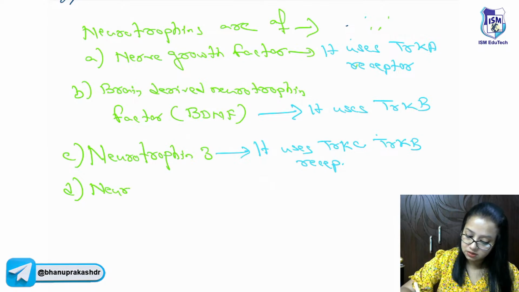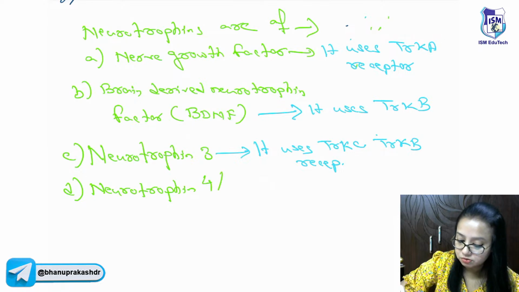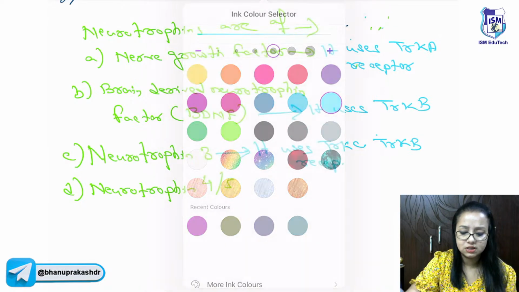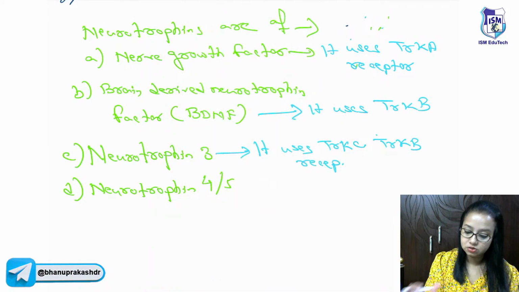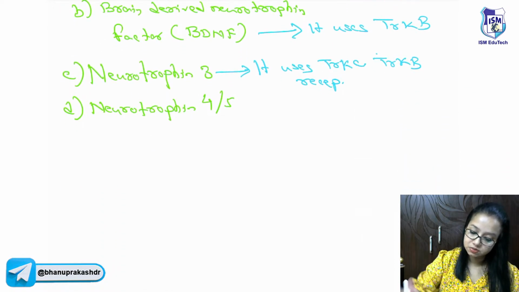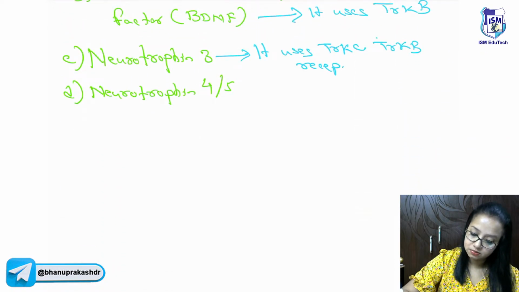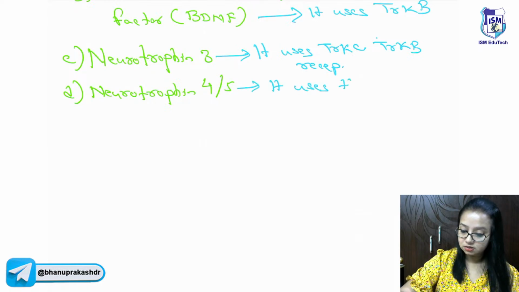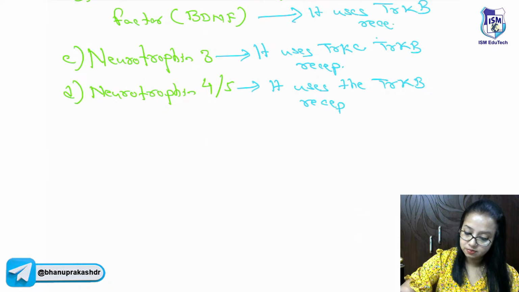Then we have neurotrophin 4 and 5. These are the most common type of neurotrophins. Okay, these are not the only types of neurotrophin, because neurotrophins are essential for the development and nourishment, right? For the survival and nourishment, it is needed. So neurotrophin 4 and 5 use the tyrosine kinase B receptor. Okay.